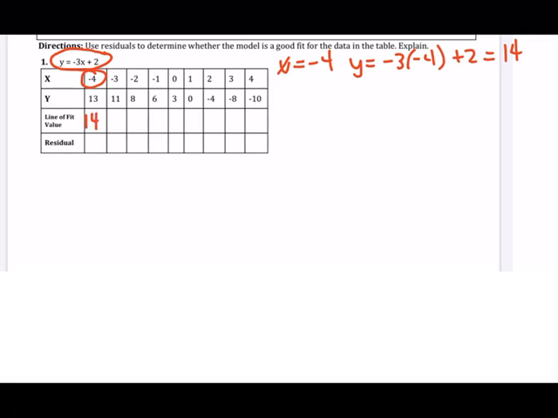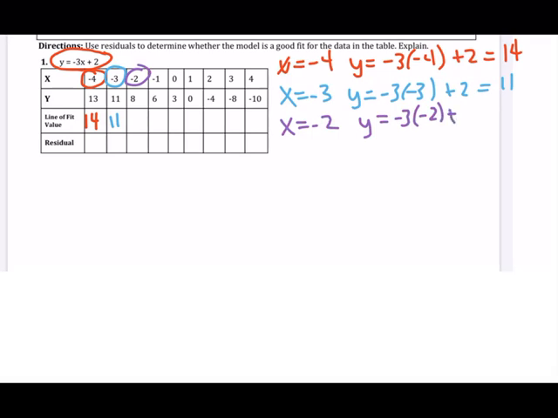I'm going to do the same thing with -3. When x is equal to -3, y equals -3 times -3 plus 2. That's going to give me 9 plus 2, which is 11. When x equals -2, sorry, y equals -3 times -2 plus 2, which is 6 plus 2, which is 8.